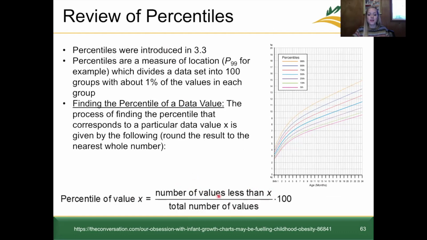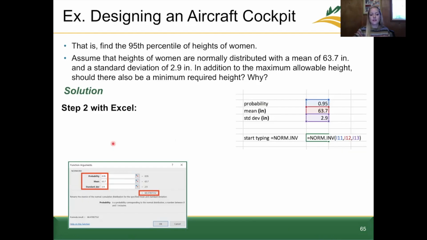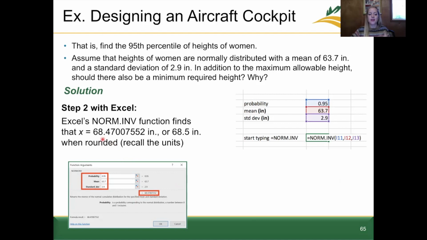What we do know is that computing all of this gives us a percentile value of 95%. What we're basically asking here is, what is the top 5% of heights of women? In other words, what's the cutoff between 95% of all heights of women and the other top 5%? So when we compute this with Excel, we get an x value, or a height value, of 68.47 inches. To round this off, let's say 68.5 inches in height.